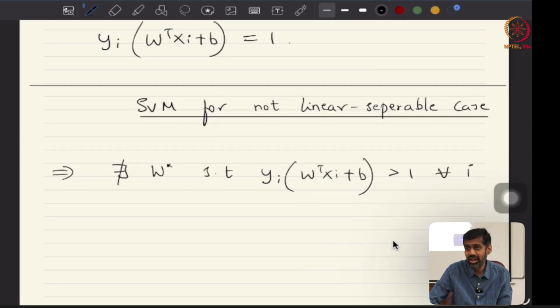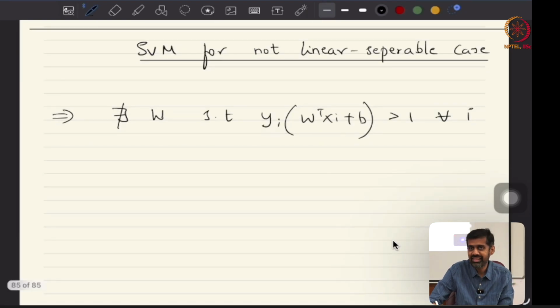Remember how we got to this greater than 1 from 0: from greater than 0 we went to greater than 1 by scaling. So there does not exist a W, not W star, such that this happens. So now how do we formulate SVM in this case is the question.